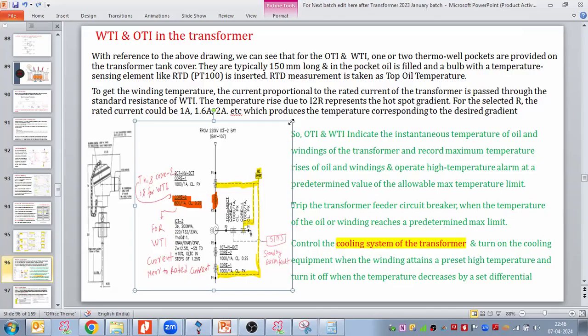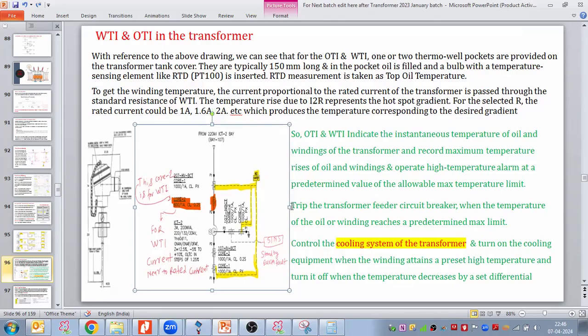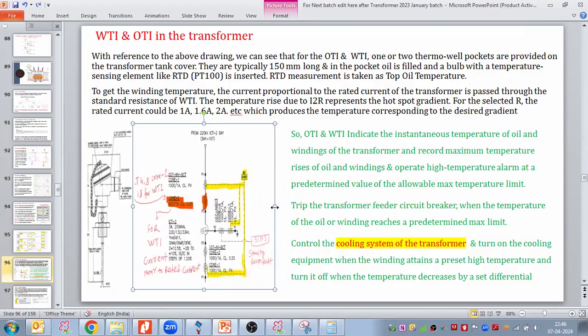So now this OTI and WTI indicate the instantaneous temperature of oil and winding of the transformer, record the maximum temperature rise of oil and winding, and operate a high temperature alarm at a predetermined value of the allowable maximum temperature limit.